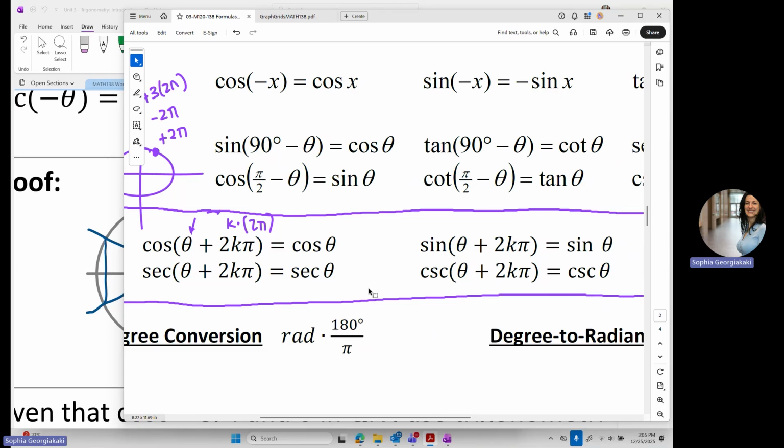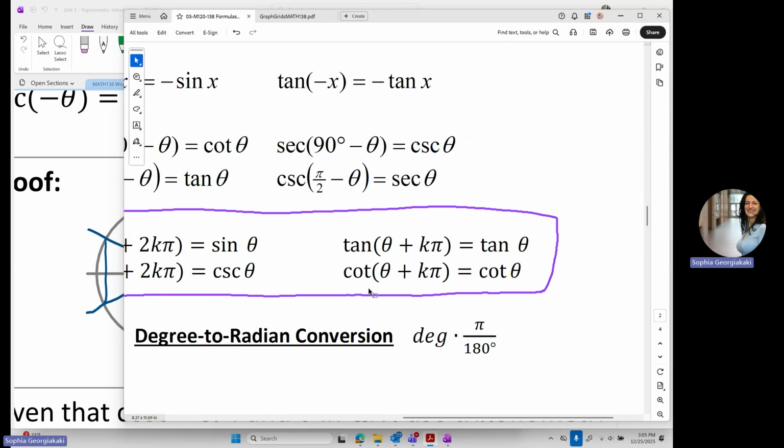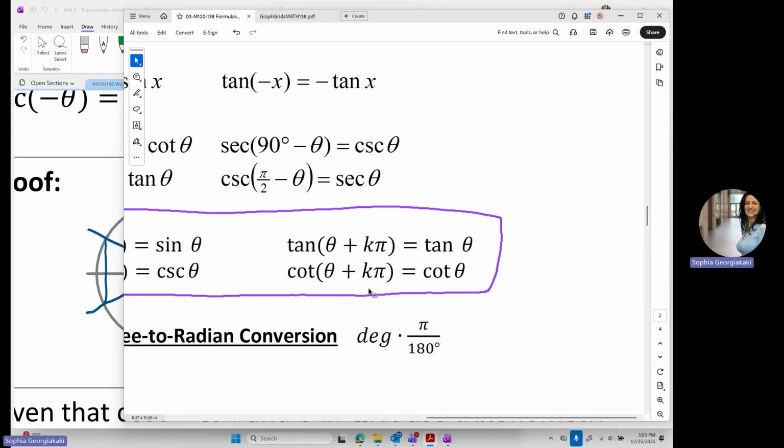The tangent and the cotangent, and we will see that in a future video as well, actually repeat themselves every 180 degrees.